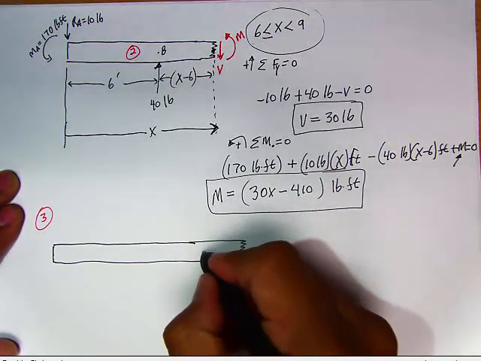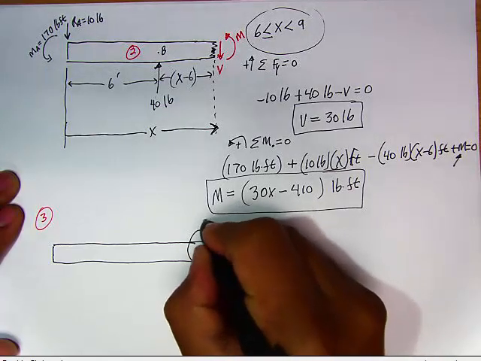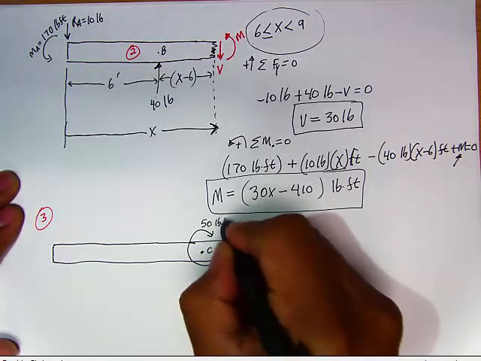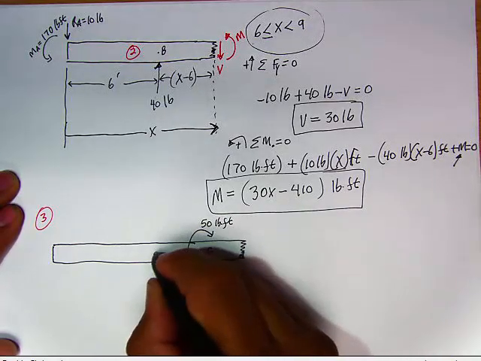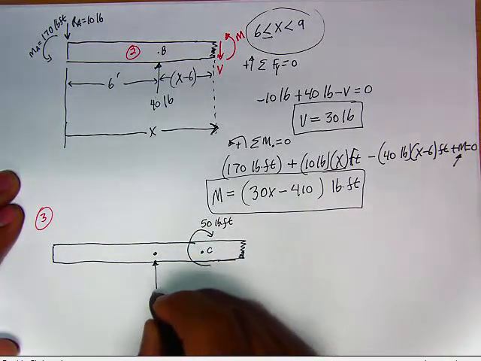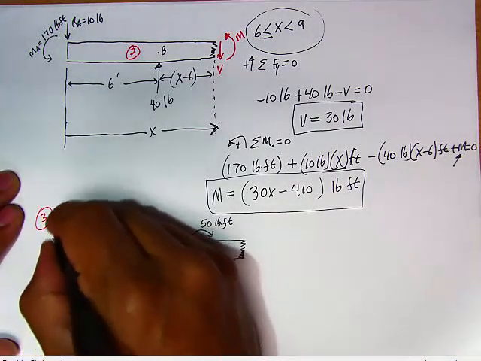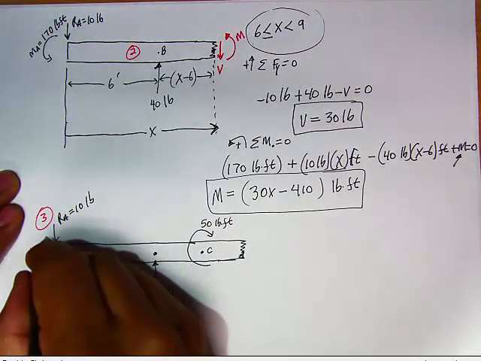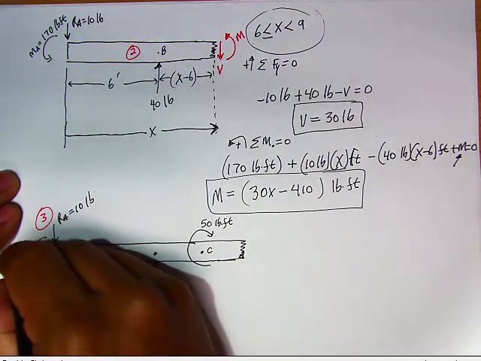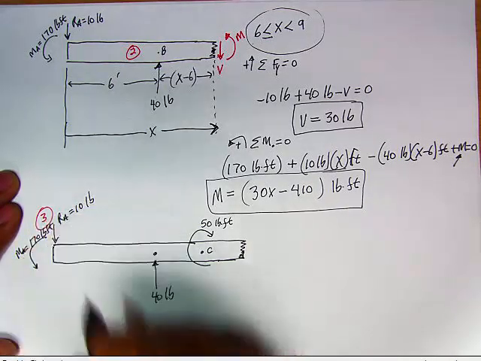All right. So at point C, we actually see a moment of magnitude 50 pound-feet clockwise. At B, we see that 40 pounds. And at A, we see RA downward 10, and our reactive moment, MA, of 170 pound-feet.